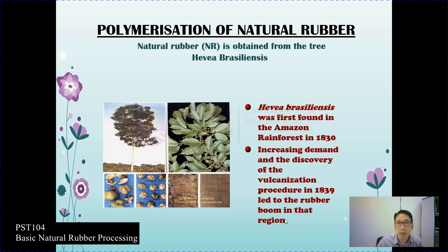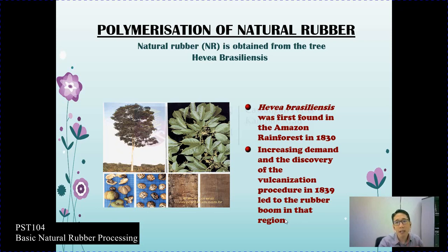Natural rubber is obtained from tree of Hevea brasiliensis, or what we call pokok getah. Okay, Hevea brasiliensis was found in the Amazon rainforest in 1830. Increasing demand on the discovery of vulcanization procedure in 1839 led to rubber booms in the region.